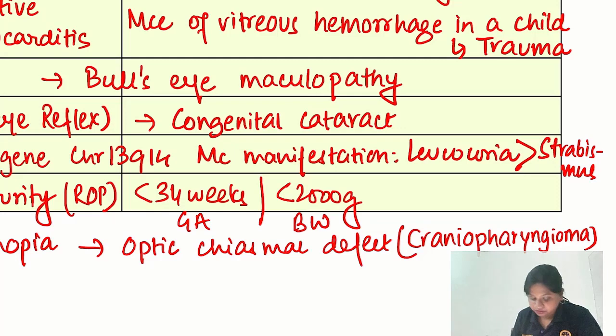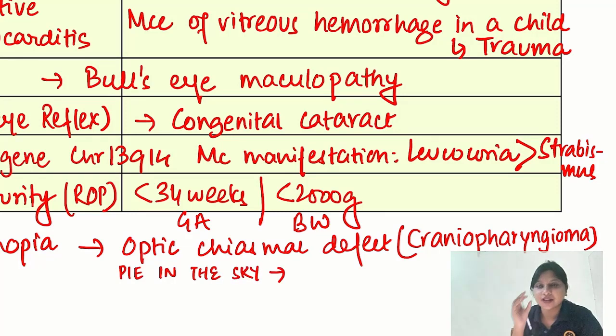Two more. Pie in the sky. Visual field defect. That means it is the contralateral superior quadrantanopia. It's like this. So this is known as pie in the sky.